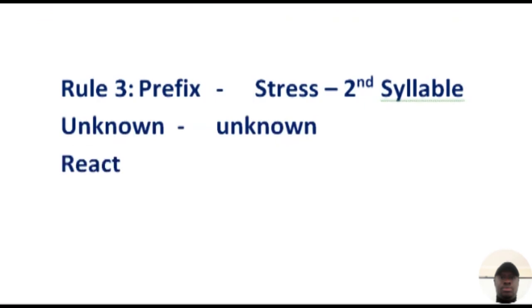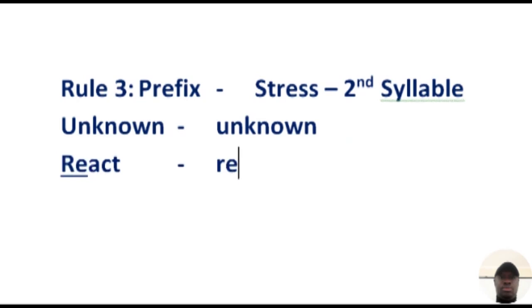Okay, what about this one? React. Does it make sense? Act and react, right? But isn't that a verb? Yeah, it's still a verb. Good. It's still a verb, but it also has a what? A prefix. Yes. You rarely stress a prefix.